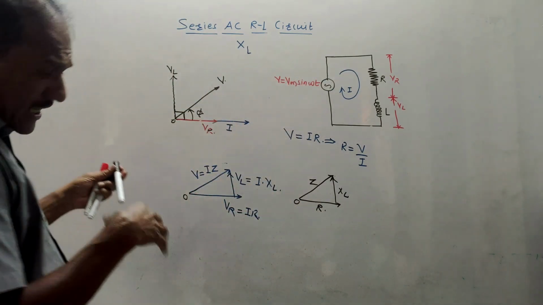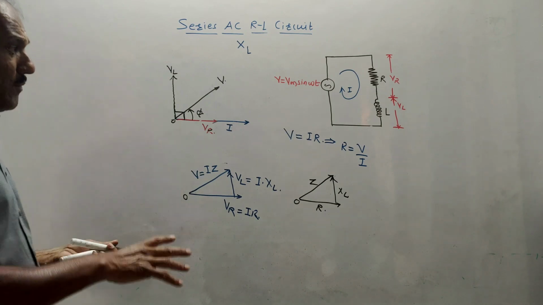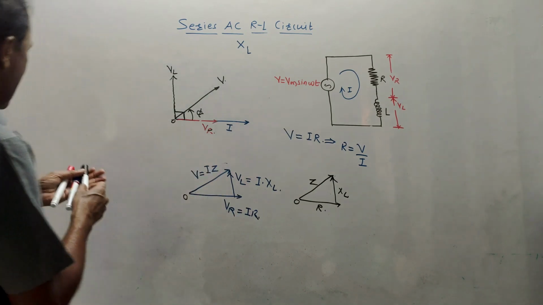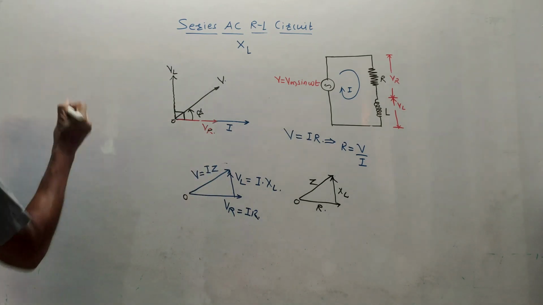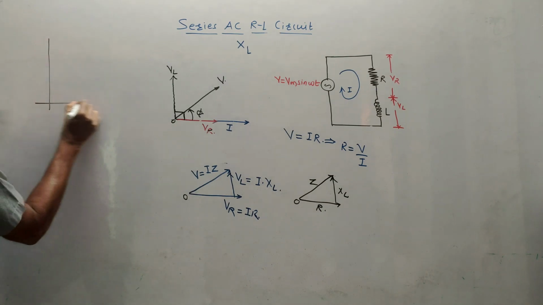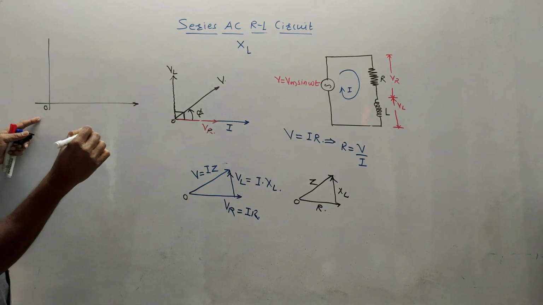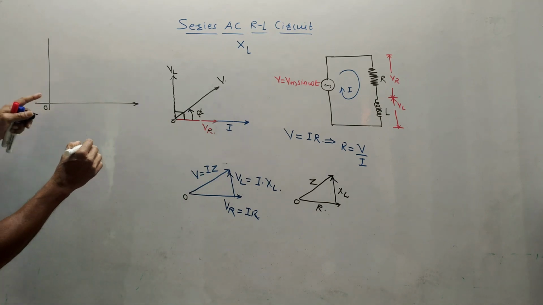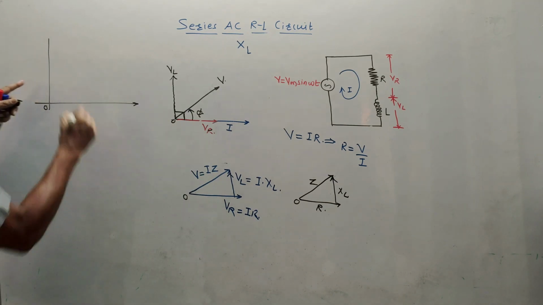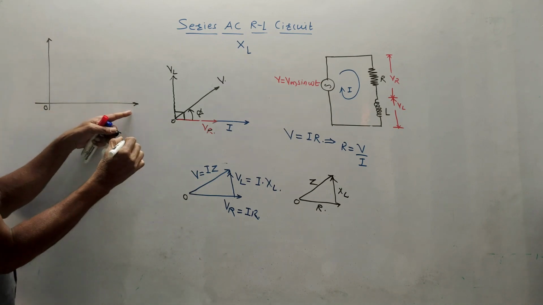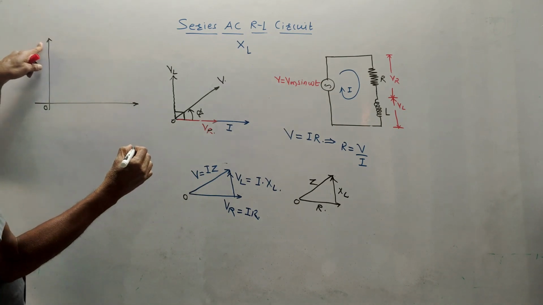Now if it is asked to draw the waveforms of voltage as well as current, how to do it? On the x-axis, I will mark 0 reference over here. On the y-axis we have to mark current or voltage.